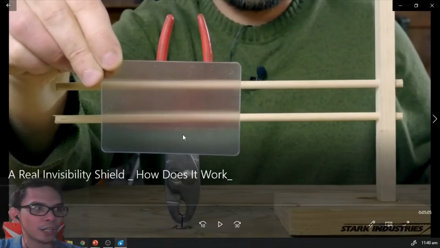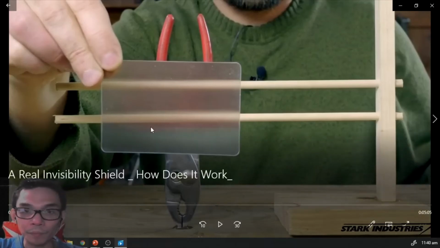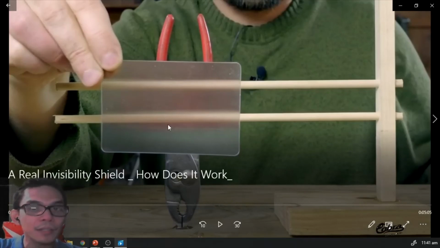As you can see here, the pliers are invisible but the sticks are not. We can assume that the ridges are made horizontally, because you can see the wooden sticks on the other side but not the pliers.